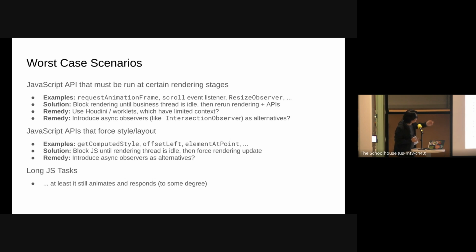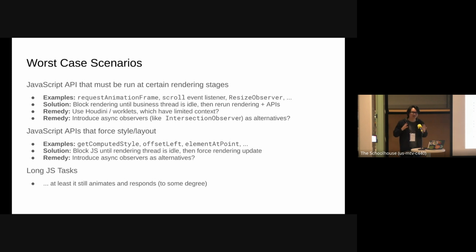But I don't know how much it will break web compatibility. Another type is those that can force style and layout, like offsetLeft, elementFromPoint, getComputedStyle. Again, there's not much you can do other than blocking, which is bad. And if we change the behavior of these APIs, it's going to be even worse.